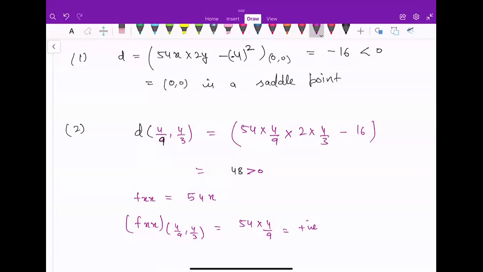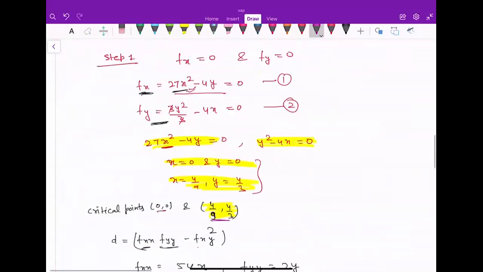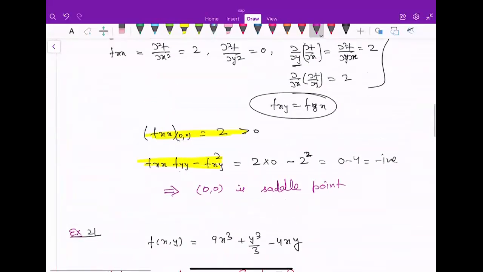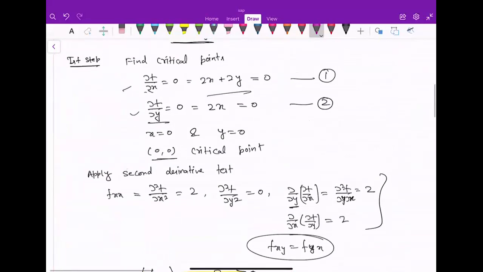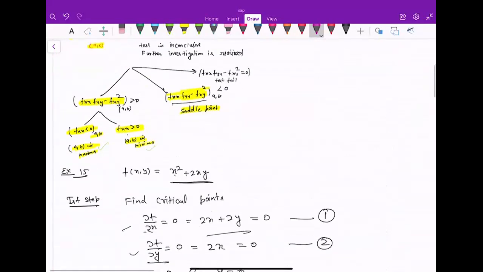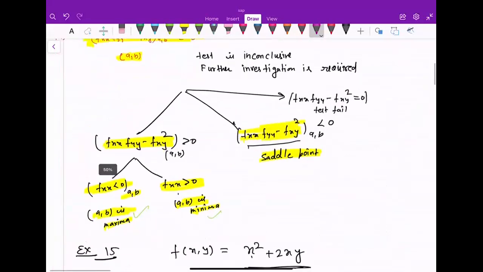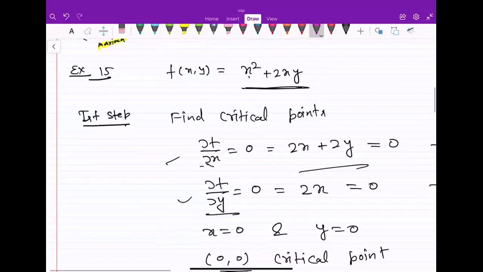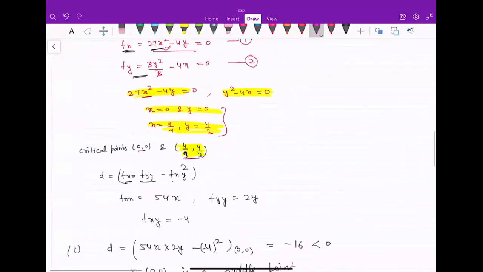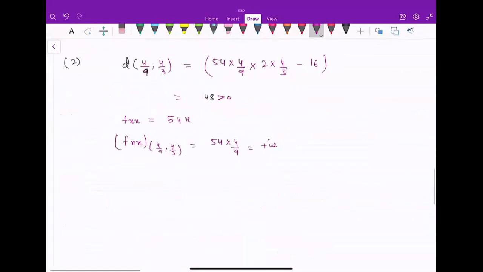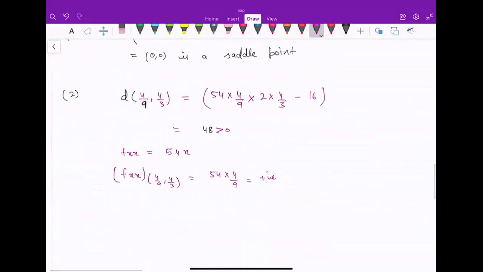Because this is positive, fxx is positive. So when fxx is less than 0, it is maxima; when fxx is greater than 0, it is positive, it is minima. So at the point 4/9, fxx is positive and the discriminant is greater than 0.